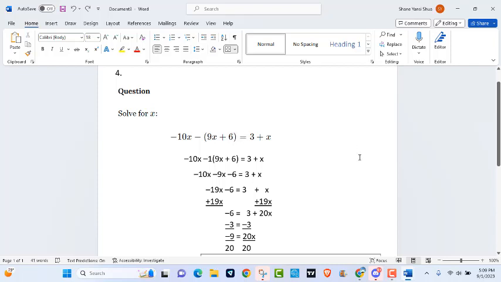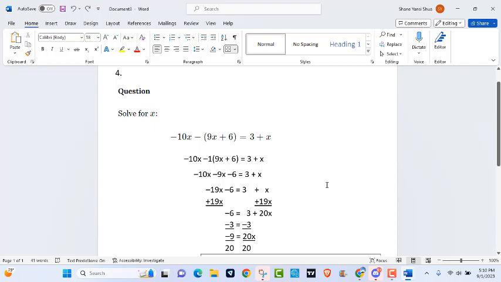So we bring down that negative 10x, we take that minus sign, make it into a negative 1, and distribute it to this parentheses equals 3 plus x. So our next line is going to say negative 10x, negative 1 times 9x gives me a negative 9x. Negative 1 times a positive 6 will give me a negative 6 equals 3 plus x. So that's where we're at after those two steps.